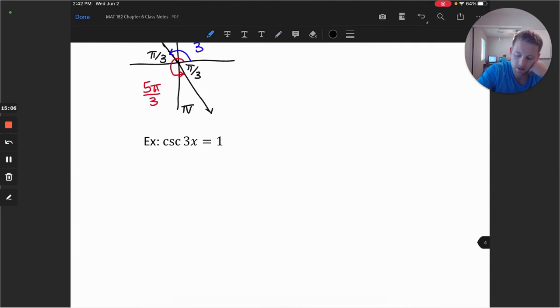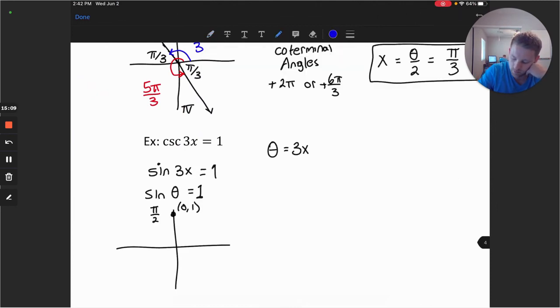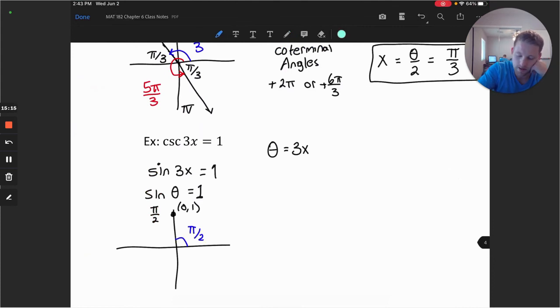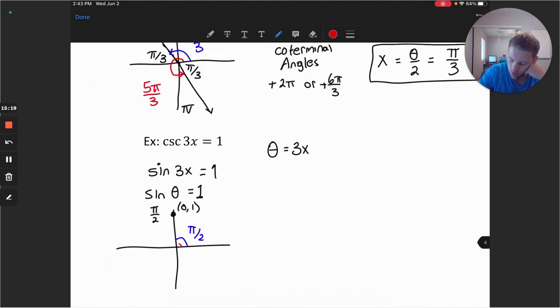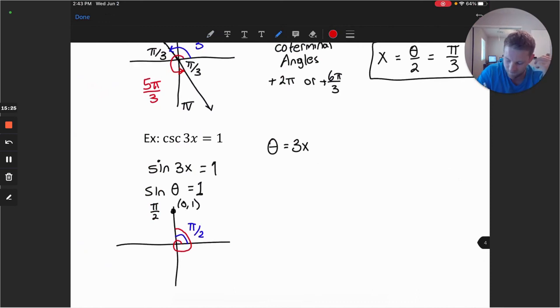So if I considered a few angles here, the first angle is just pi over 2. I can then consider a second angle if I wrap around the circle another time. I'll have this red angle, which would be not just pi over 2, but 5 pi over 2.